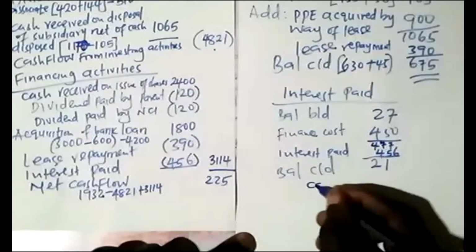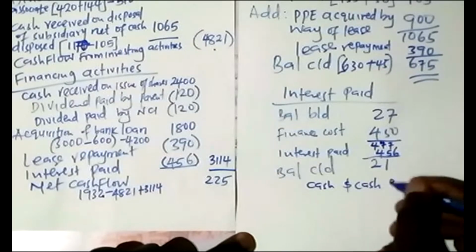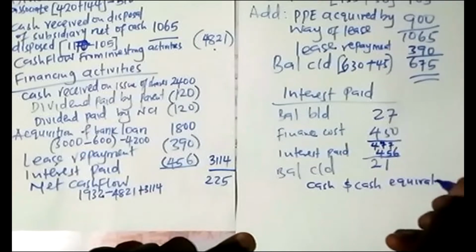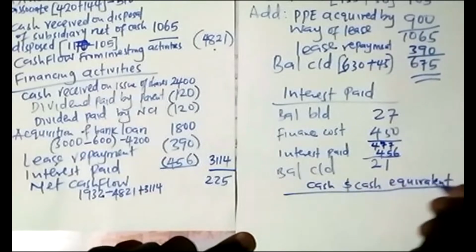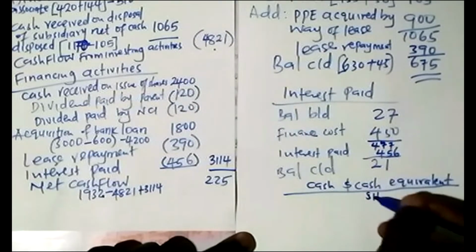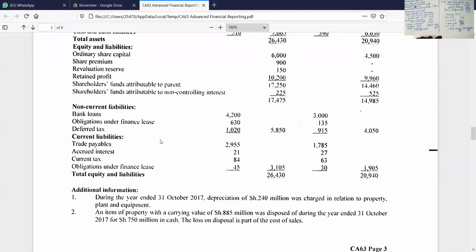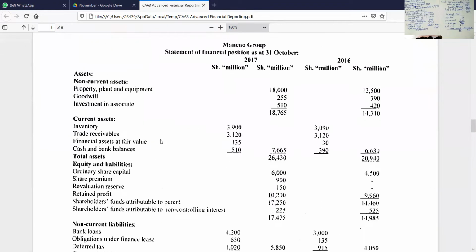Then here I need to do cash and cash equivalent. We said we have various cash and cash equivalent items, of which in this question there were 2, if not 3. So there was a financial asset at fair value.